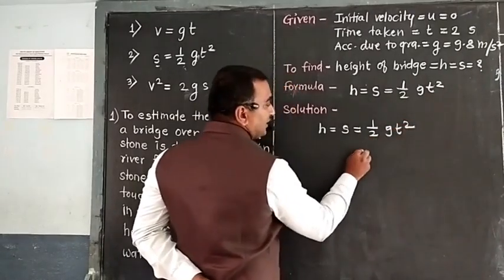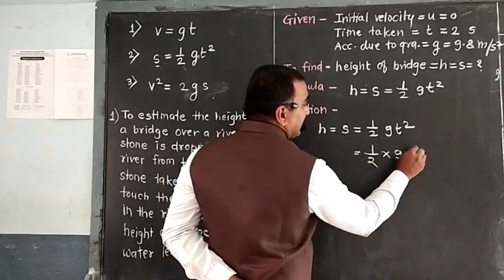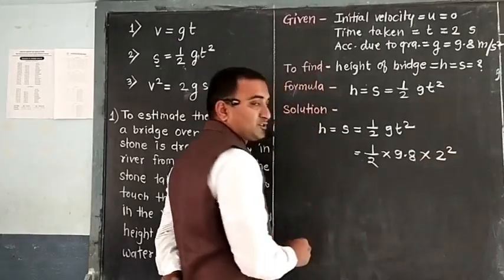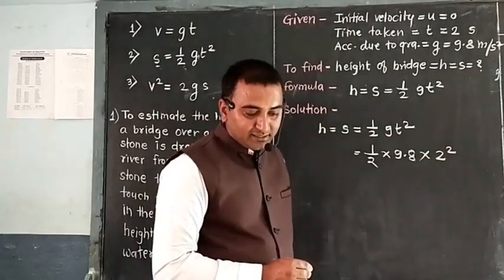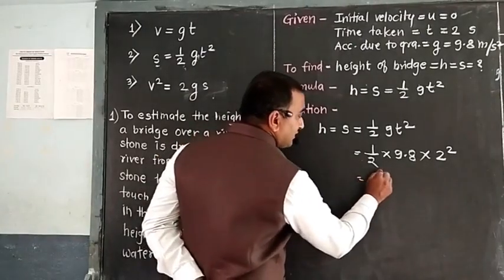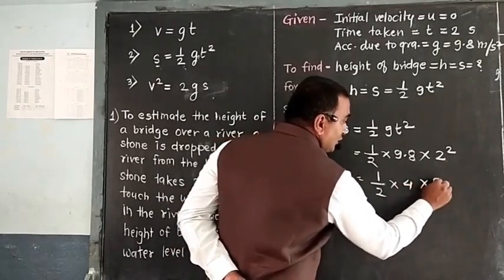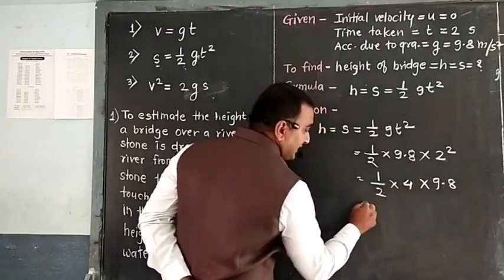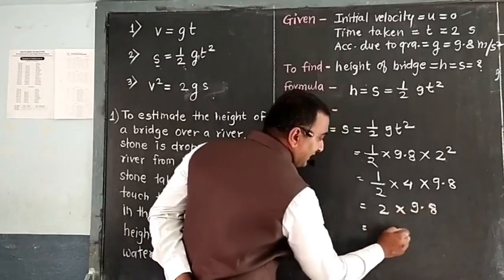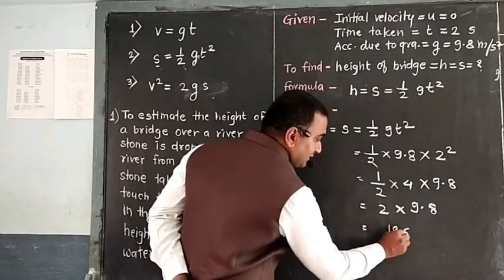Fill in the values: 1/2 into 9.8 into 2 squared. We get 1/2 into 4 into 9.8, so 2 into 9.8, and the final answer is 19.6.